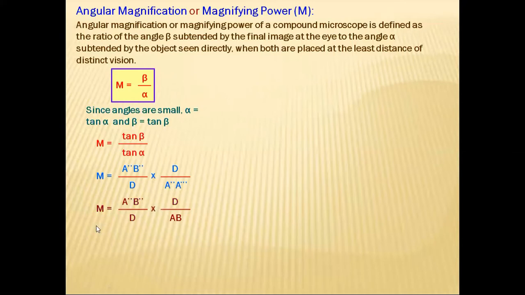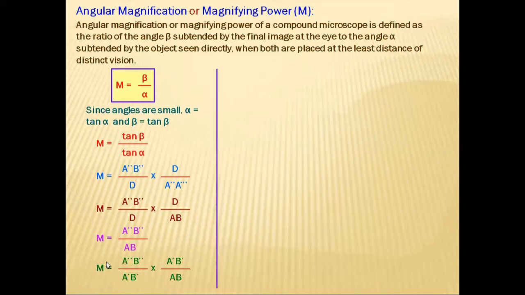Then we convert it, and lastly we can simplify it: M is equal to A double prime B double prime by AB prime into AB prime by AB, that is nothing but M_O into M_E, the object magnification and eye magnification.